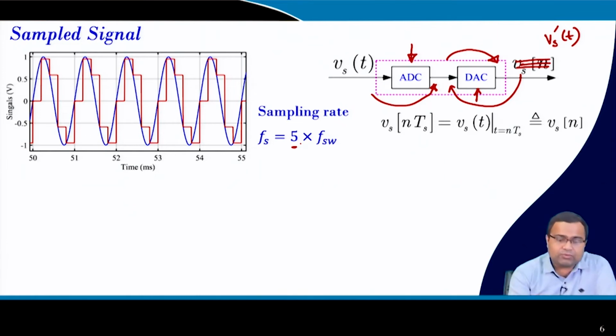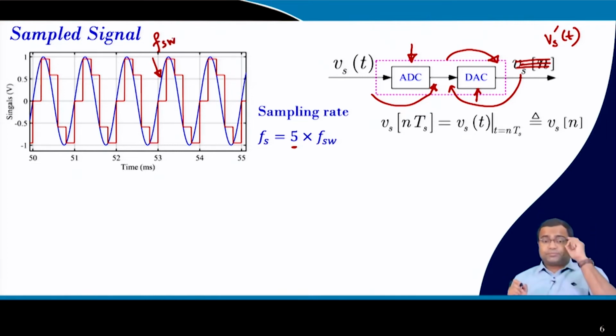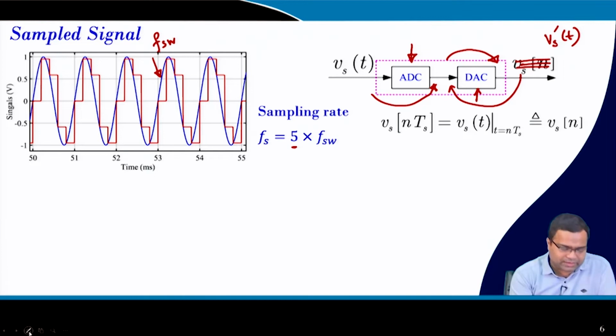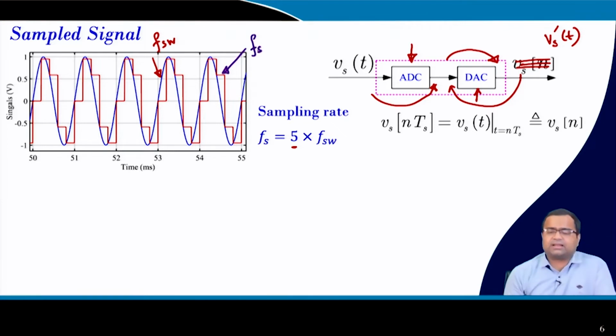That means, we can think of the blue signal, whose frequency is the frequency of the analog signal, and we have sampled the signal, which is shown here by the red one. This is my sampled signal after sampling, and the sampling rate here is 5 times.